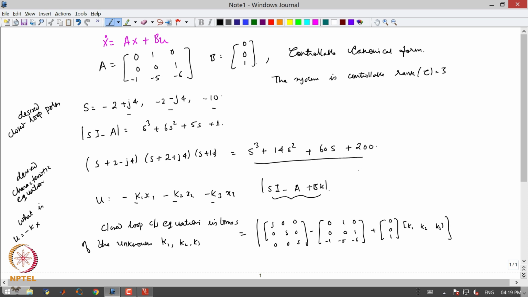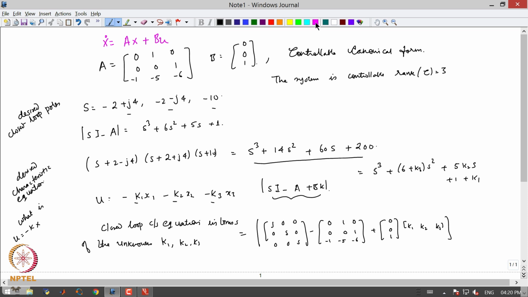Okay, I can expand this and find it to be S cube plus 6 plus k3 S square plus 5 plus k2 times S plus 1 plus k1.